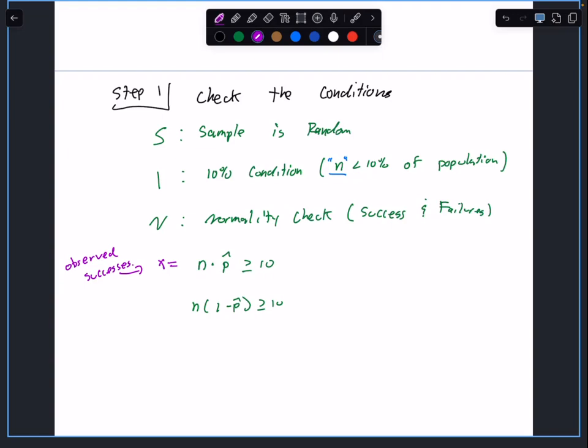Now, here's where things get a little sticky. In the work you're doing right now, I am not going to deduct points if you keep it as a decimal. If you keep it at 18.2, I'll give you full credit. However, Thursday I'm going to teach you how to use the graphing calculator as a shortcut, and in order to use that calculator as a shortcut, it must be an integer.